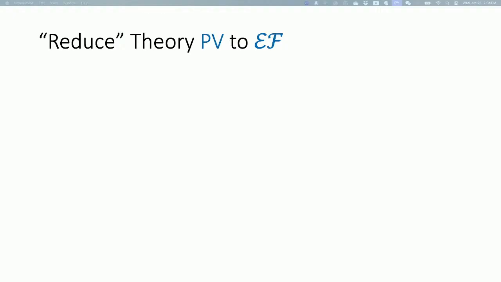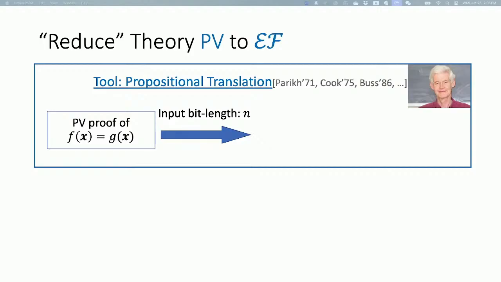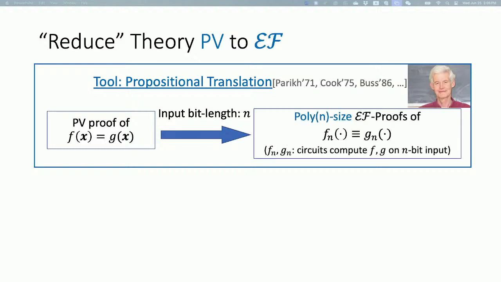Our way to leverage this Cook-theory PV is to translate a proof in theory PV to this extended Frege proof. To do this, we need to leverage a tool from proof complexity called propositional translation. What it says is that given a PV proof of functionality equivalence of some two Turing machines, F and G, once you set an input length for this input x, you can get a polynomial size extended Frege proof of functionality equivalence of Fn and Gn.